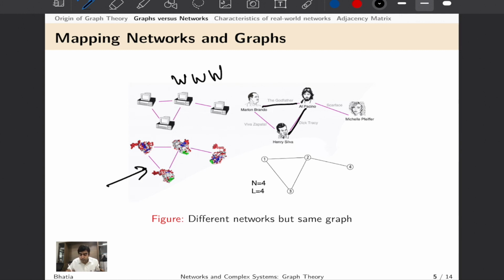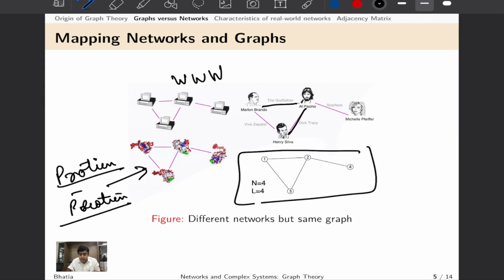and hence you see that there is a link between them. Now, if you look at all these networks, this third network here is the protein interaction network, which is typically used in biology, to study how proteins bind to substrates and how vaccines act whenever they are injected to disintegrate the protein structure of certain microbes.